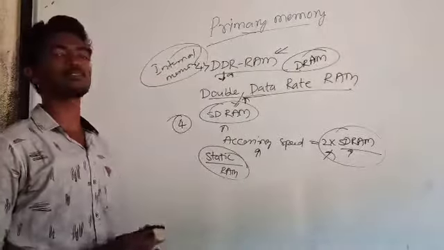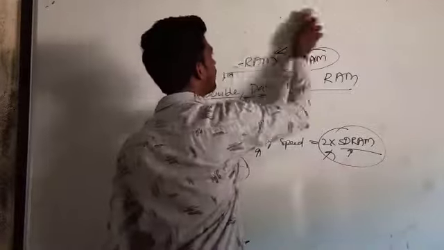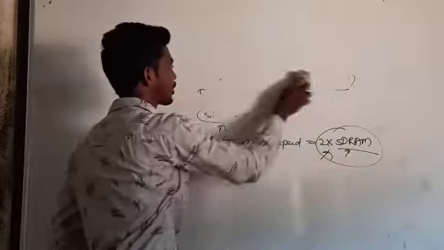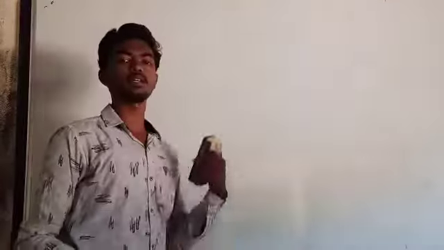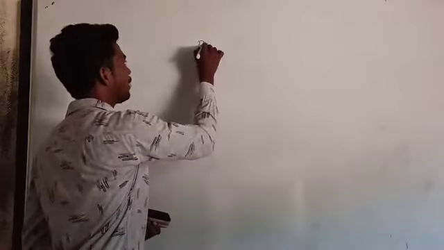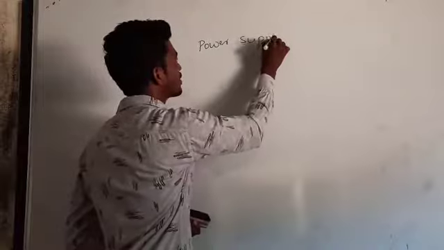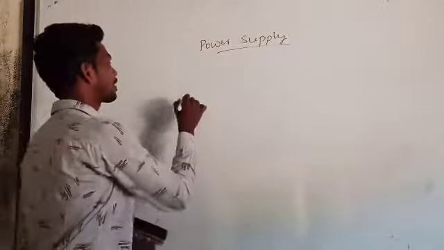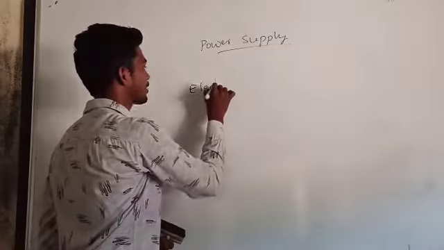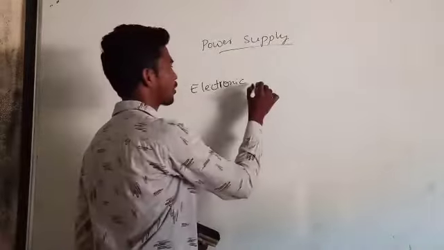And let us look at the power supply to the computer. When we go into the explanation of a power supply, we need to know the necessity of a power supply to the computer system. Let us talk about an electronic device; a computer is also an electronic device.